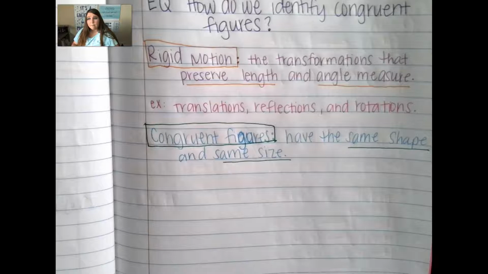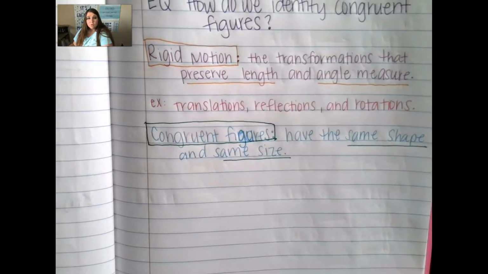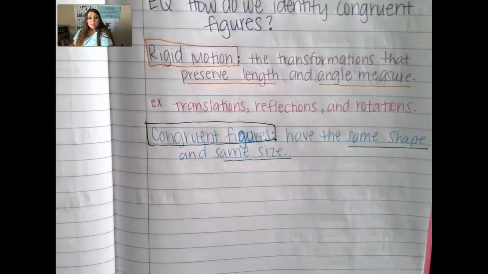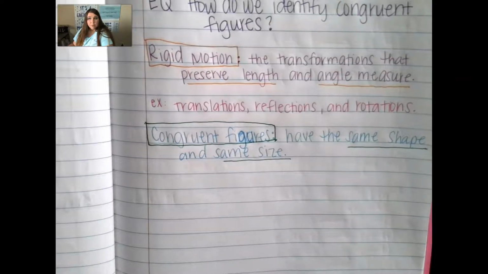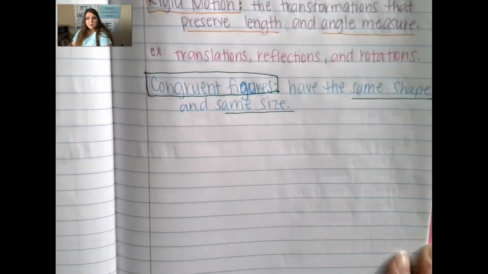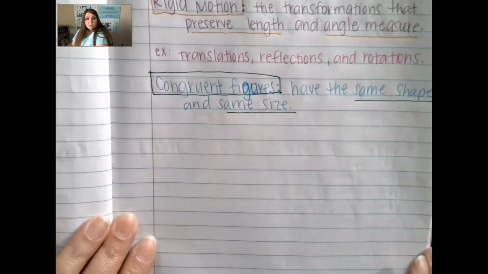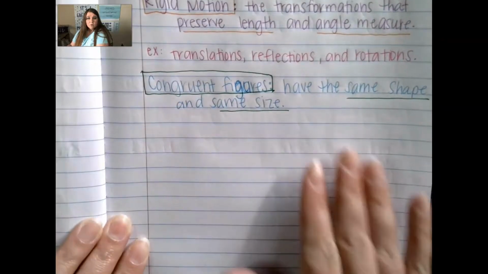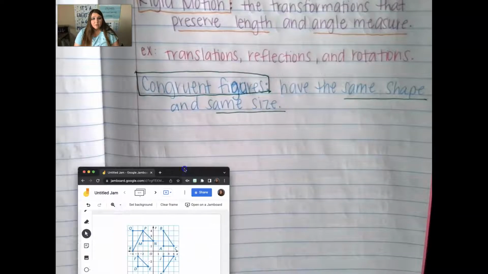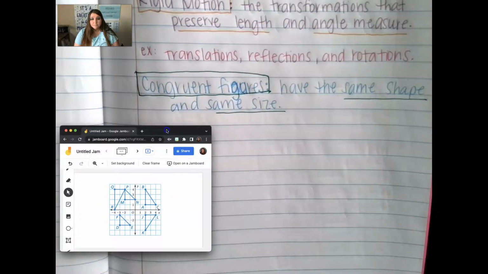So I'm going to show you a couple different figures in a plane, and we're going to talk about the things that are congruent. Hit pause right now if you need more time to write down the vocabulary, but we're going to start looking at a figure that looks like this.